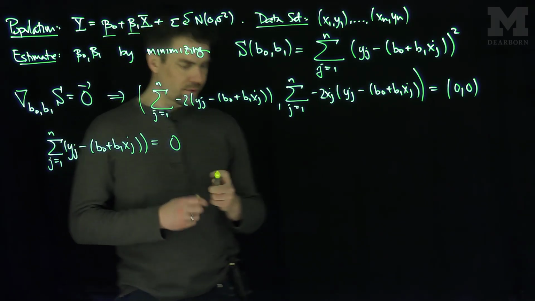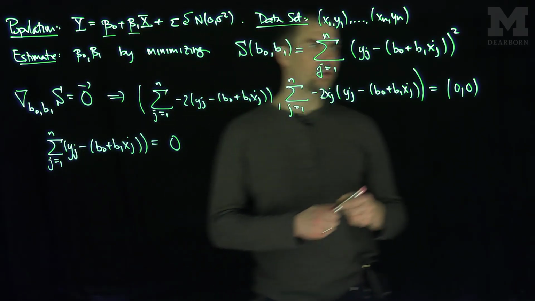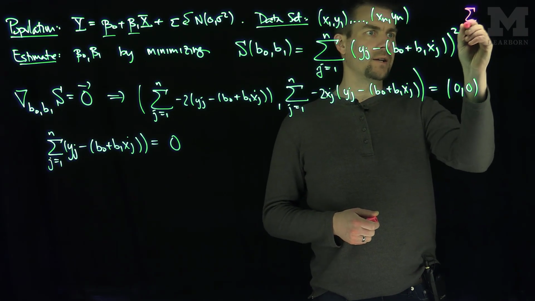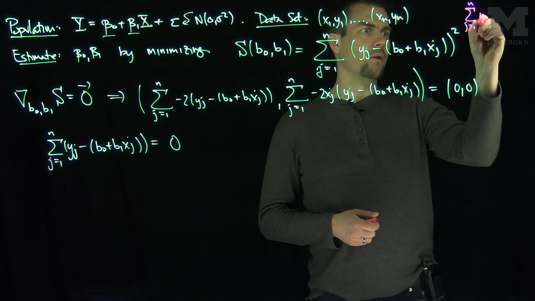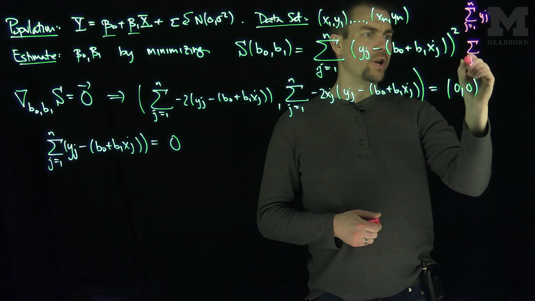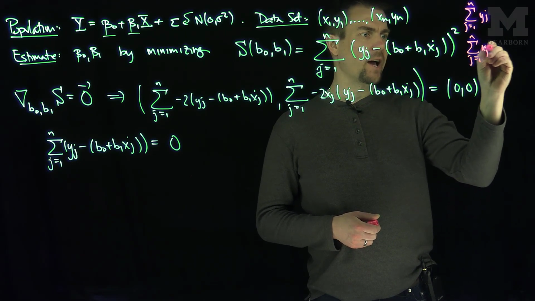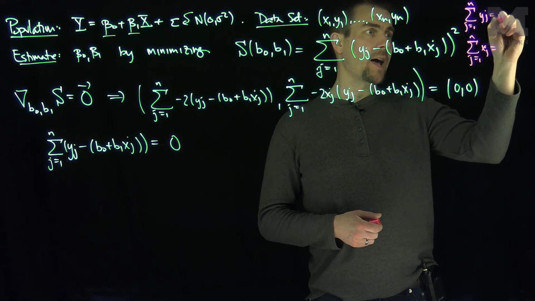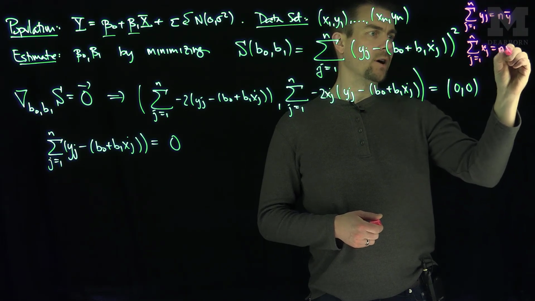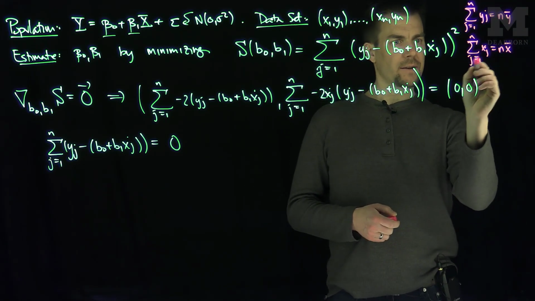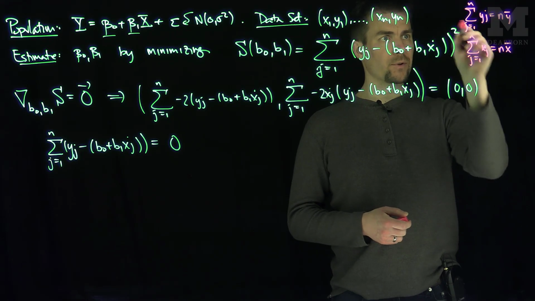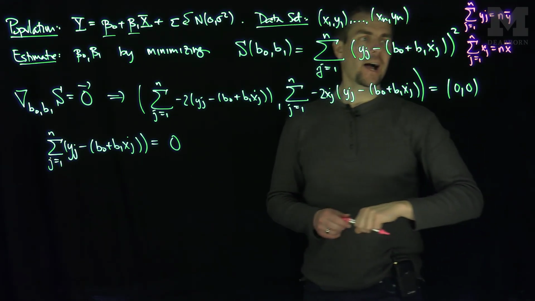Now notice, and this is an important observation, that if I sum all the yj's, or the sum of xj's, what I get for either of these is n times the average, because 1 over n times this sum is the average. So if I multiply both sides of the average by n, I get this relationship.